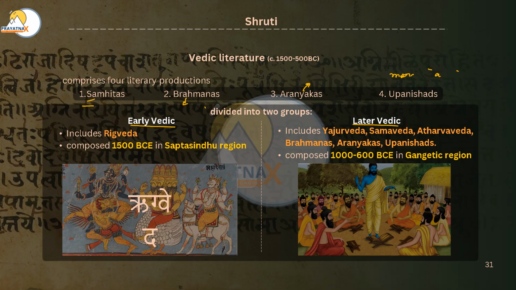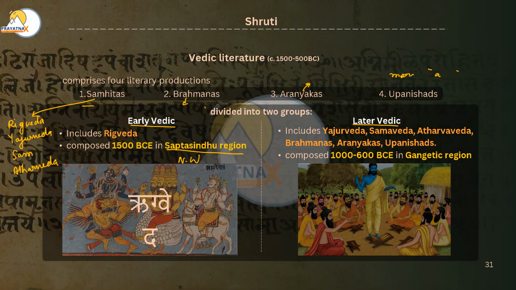Let us see that the Samhitas are divided into Rigveda, Yajurveda, Samaveda, and Atharvaveda. Now, these were composed basically in the Sapta Sindhu region. Now this is basically the northwestern part of the continent.